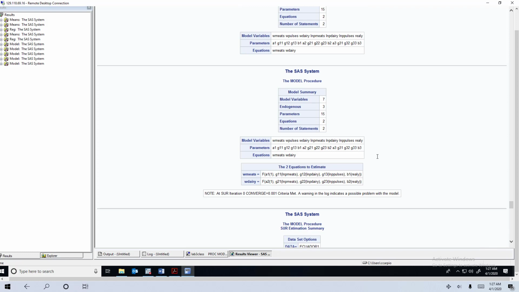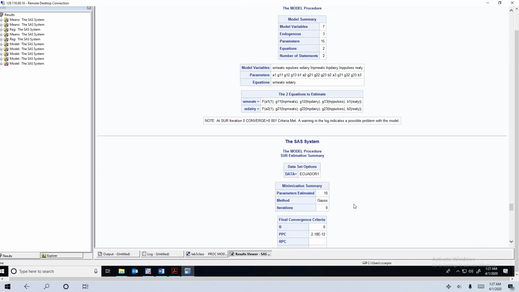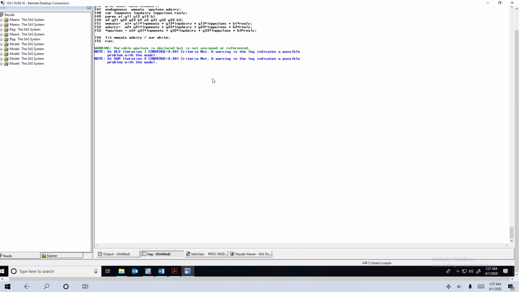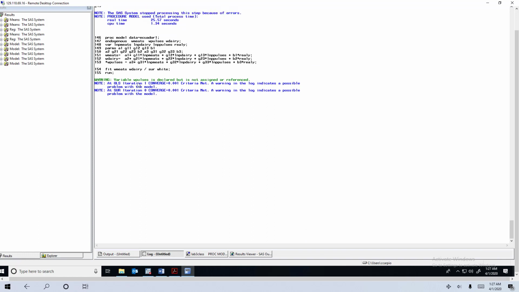It seems that we have a problem. Let me see what happened. Oh, criteria met, so everything is good. I mean, it says that it converged, so there's no problem there. Oh, the thing is, okay, I'm getting this warning because I have it here as endogenous, but I never use it.